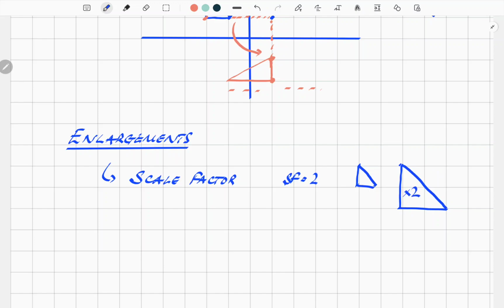The scale factor tells you how much bigger to make each of the sides, the lengths of the shape. And you can then have something that I'll come on to later on, but I will do it the other way. If you go from the smaller shape to the bigger one, it's times 2. If I went from the bigger shape to the smaller one, any idea what you times it by to get from the bigger one to the smaller one?